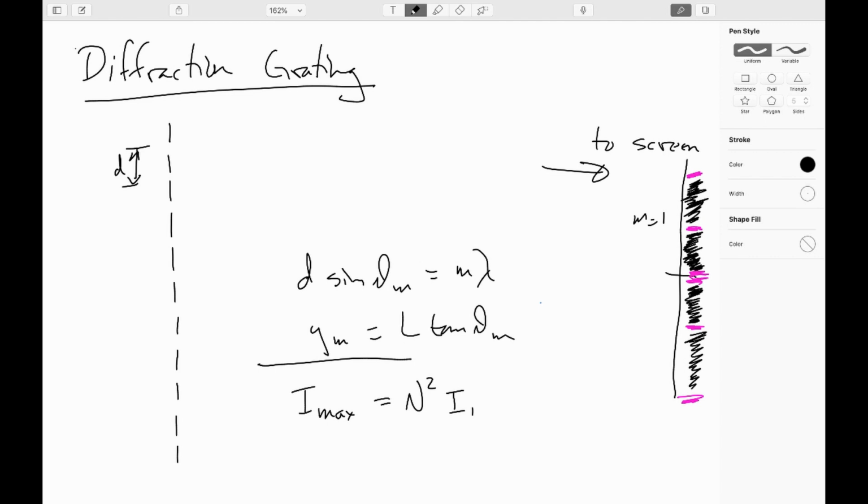Now the practical application of this is spectroscopy.